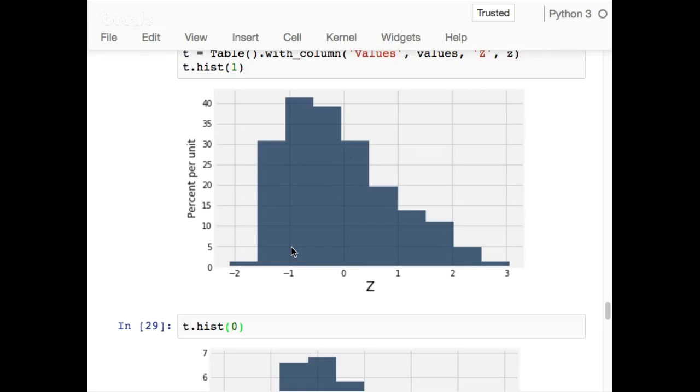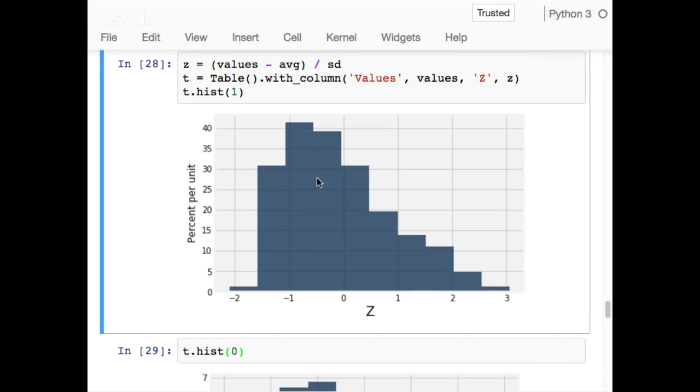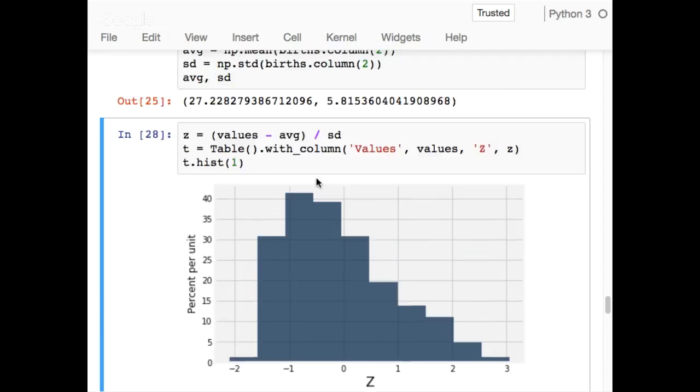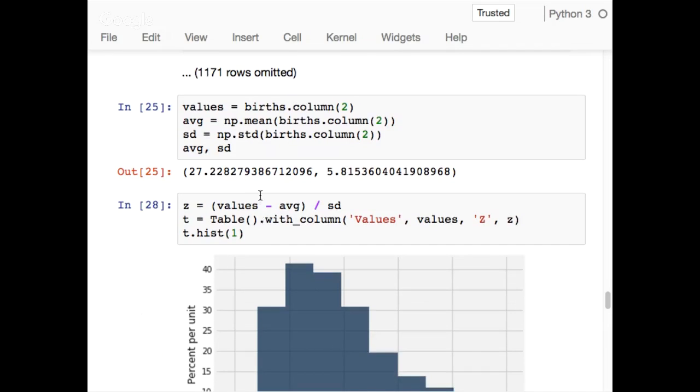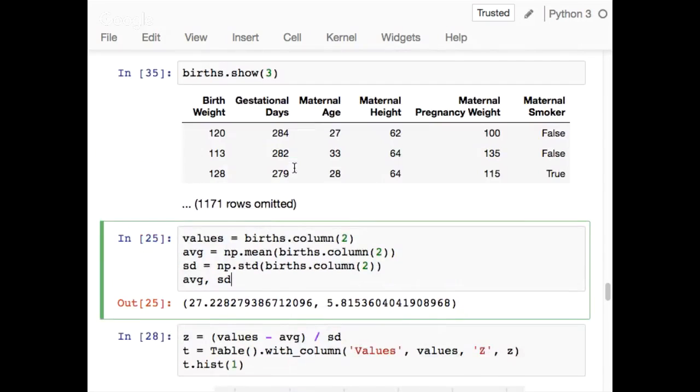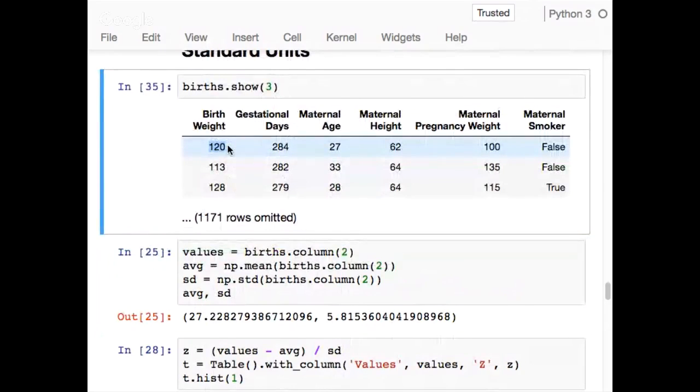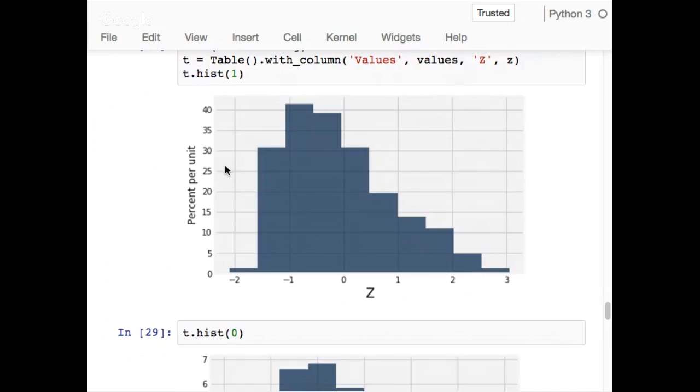This is convenient because when we convert to standard units, any distribution in standard units will have an average of 0 and a standard deviation of 1. So if I do the same thing on my birth weight column, even though originally the birth weight column is in the 120, 113 range, if I convert to standard units, it'll have an average of 0 and a standard deviation of 1.